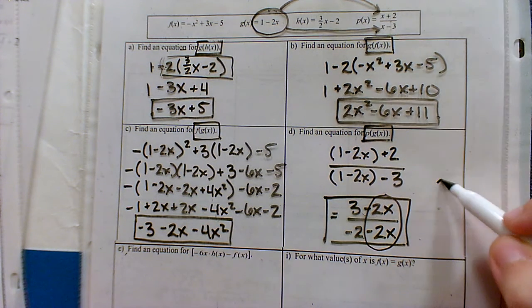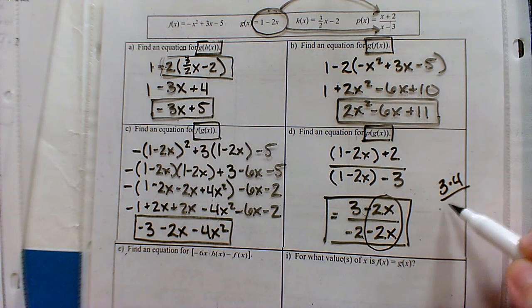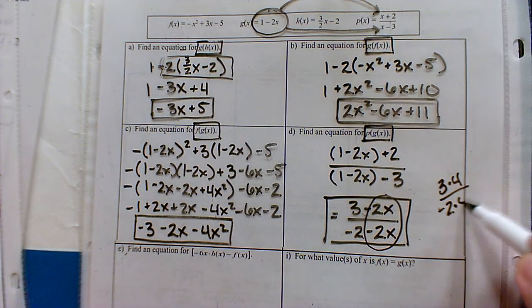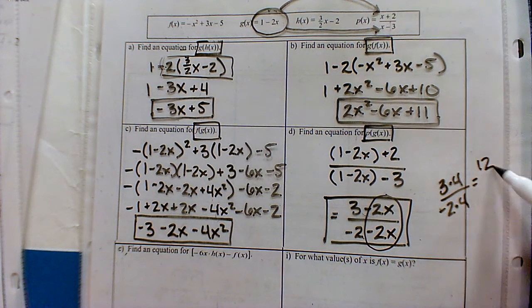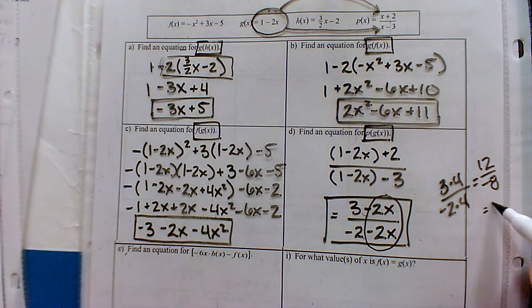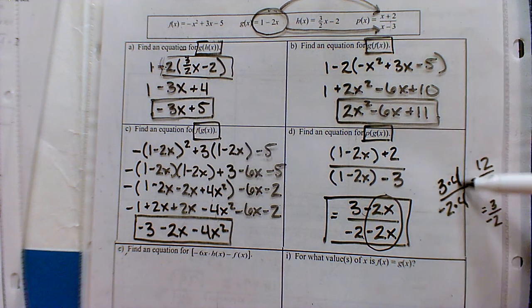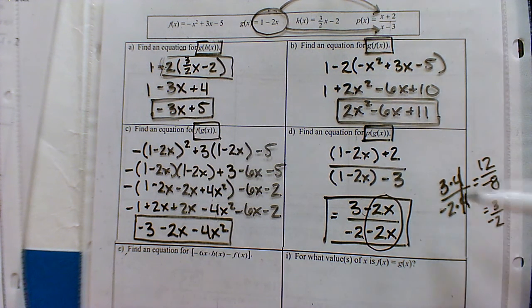So for instance, if we changed this to 3 times 4 over negative 2 times 4, this would be 12 over negative 8, which simplifies to 3 over negative 2. Do you notice how, if these are being multiplied, you could cancel the 4's then? And isn't 3 over negative 2 the same as 3 over negative 2?